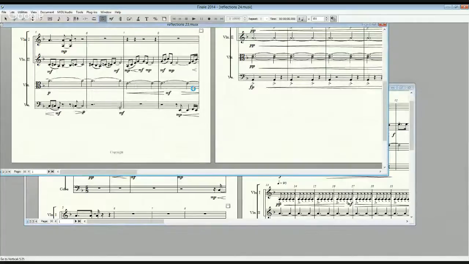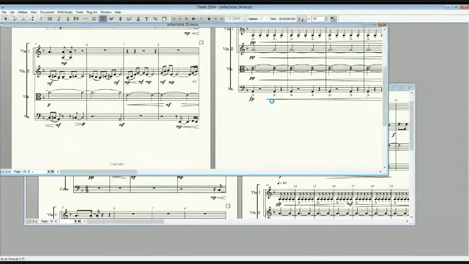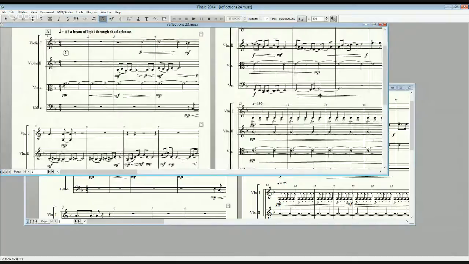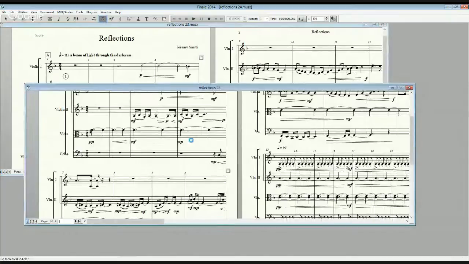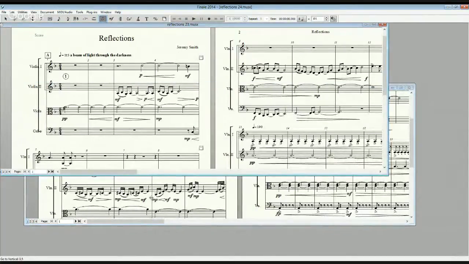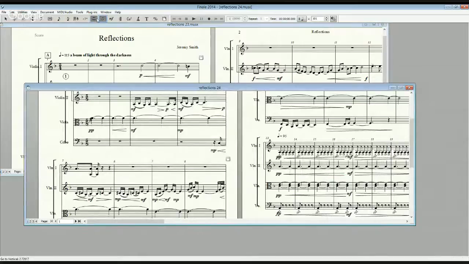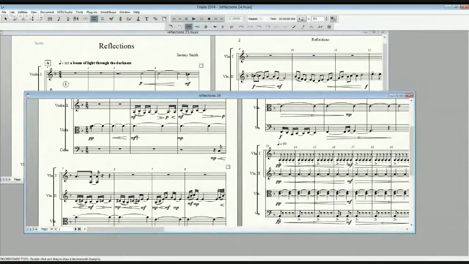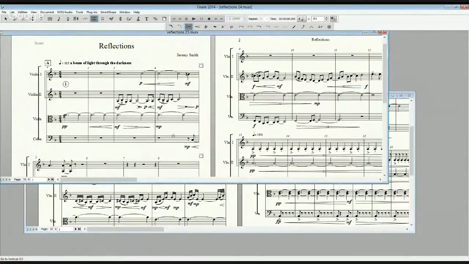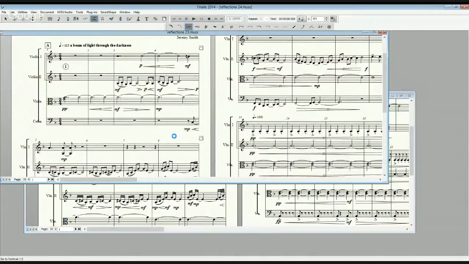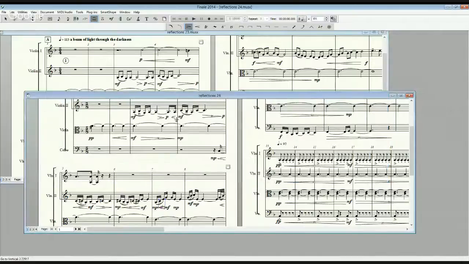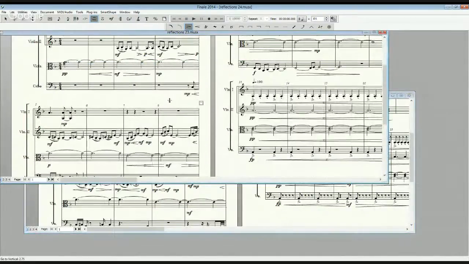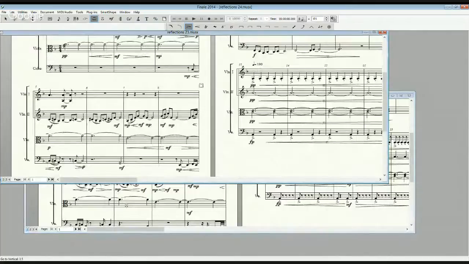What was the thing I need for that one? Crescendo, mezzo forte, decrescendo all the way to mezzo piano up there. Wait, what? Did I write it? Mezzo forte.